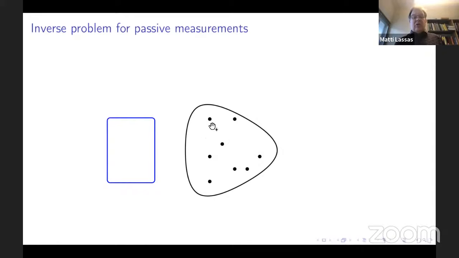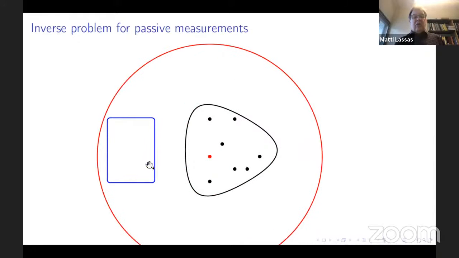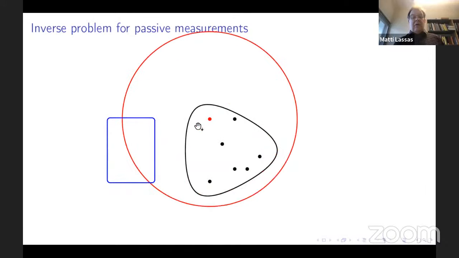Let's assume now that some source goes off. So this becomes active. It produces a wave that propagates, and it goes through the domain where we do observations, and we see the wave there. Then we wait for a while, and later some other source becomes active, and this produces a wave that we observe here in the measurement domain.